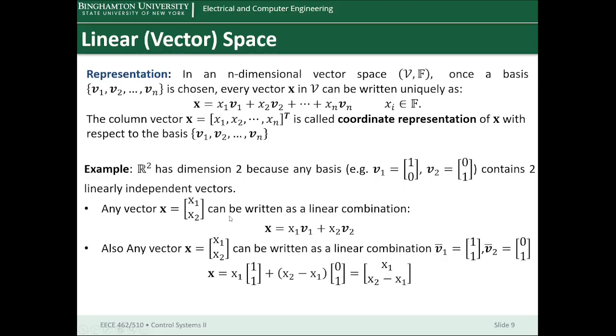So, with respect to the new basis, the coordinate representation is (x1, x2 minus x1). This shows that while the vector itself doesn't change, its coordinate representation depends on the choice of basis. Then we can represent the same vector with different coordinate representations.